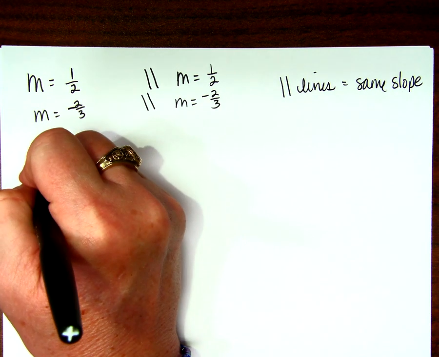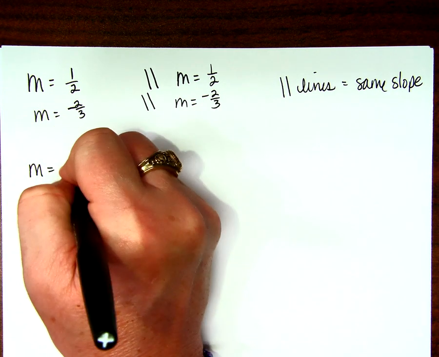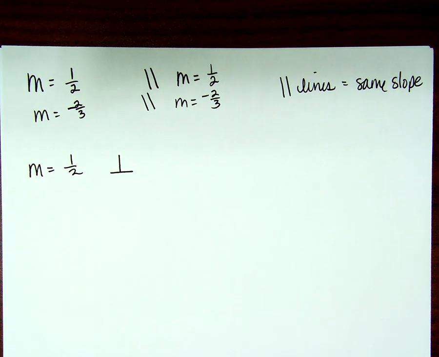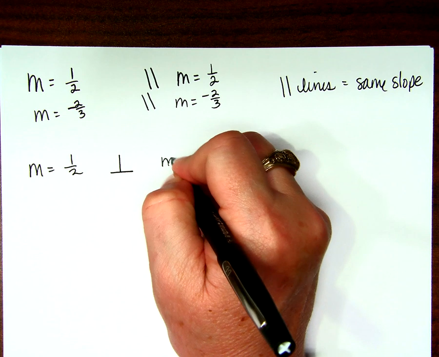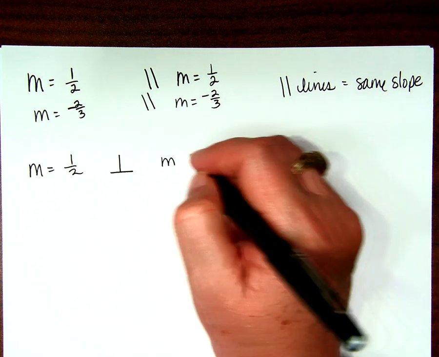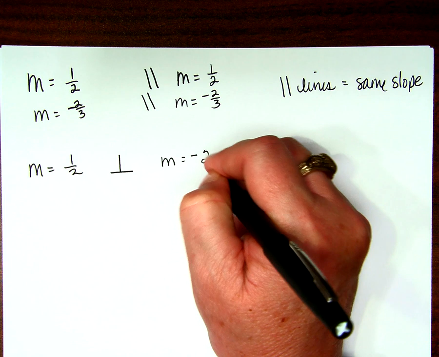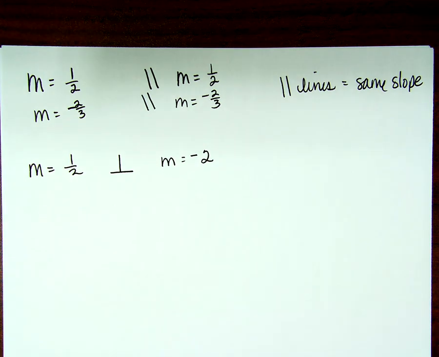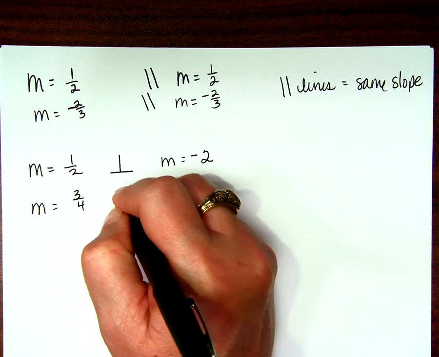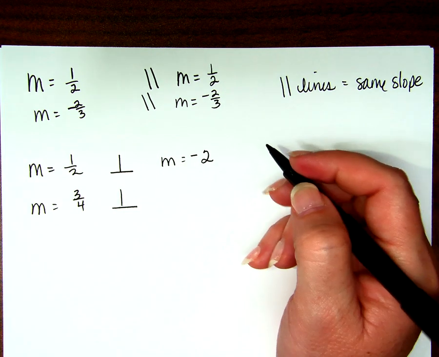What if I say the slope is 1/2? Give me the slope of a line that is perpendicular to it. The slope of a line that is perpendicular to this slope would be negative 2. If I said m equals 3/4, give me the slope of the line that's perpendicular to that.